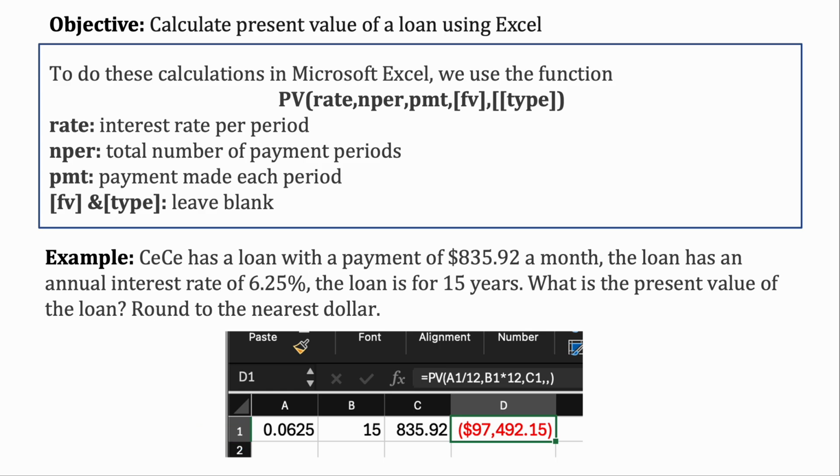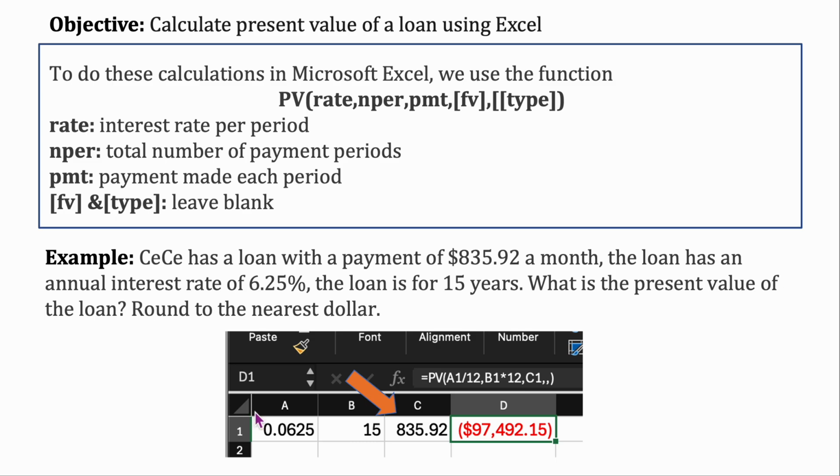In the next cell, cell B1, I have just put the years and I have made the formula multiply that by 12. You can type in this spot 0.0625 divided by 12. And then in this spot, you could do 15 times 12 if you were going to just do the formula and only the formula. I type it out like this so that I can copy that formula and use it more than one time.